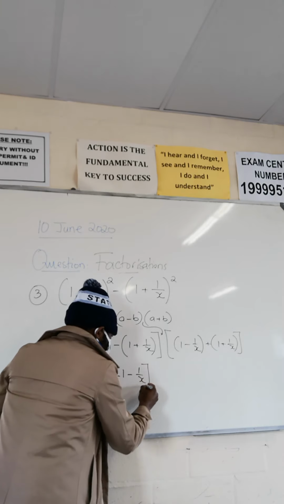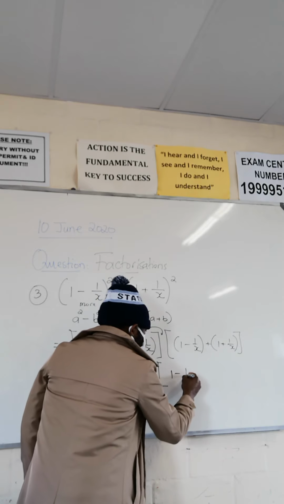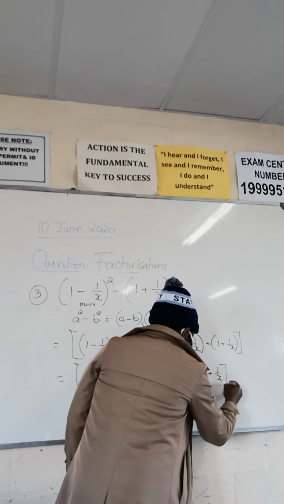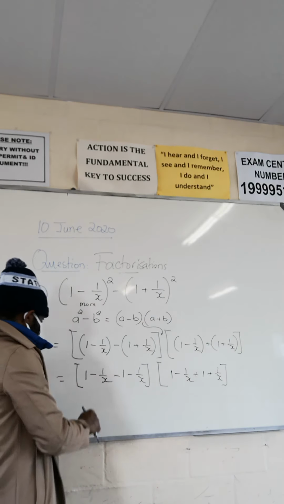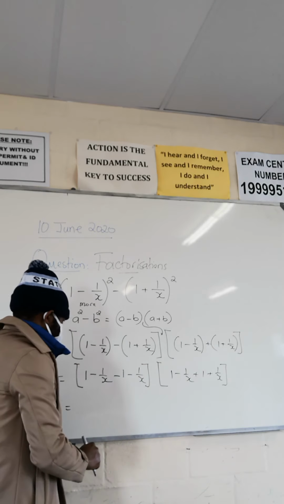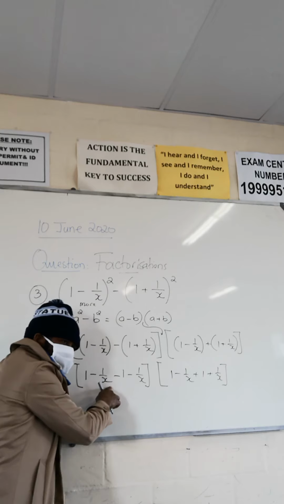Minus x, close bracket, open bracket. We do the same thing, 1 minus 1 over x, plus 1 over x. Now I will start here. 1 minus 1, 0. Can you see? Now I will be left with this fraction.